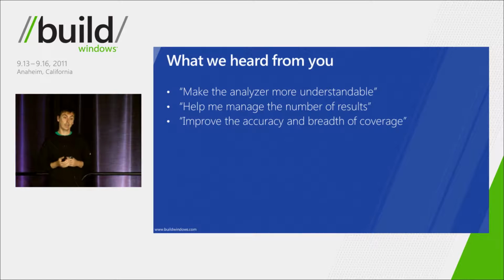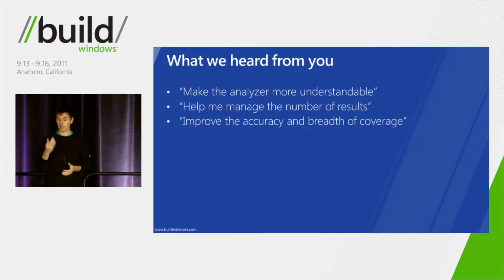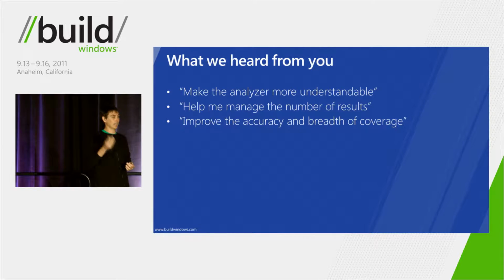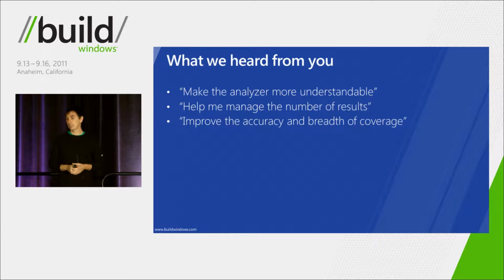So that was another big piece of feedback: help you manage those sometimes large result sets and give you ways to prioritize and filter them. And thirdly is about improving the accuracy and the kinds of defects we find. We strive for this every release.